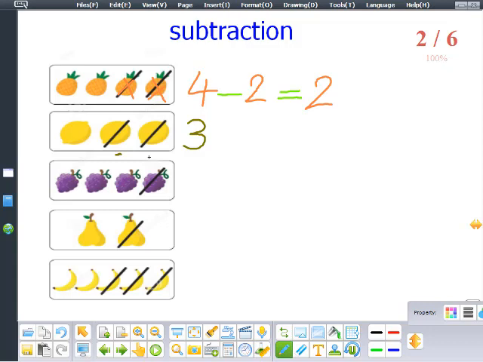There is a line on how many? 1, 2. So there are 2 lines. So I eat 2. I use 2 lemons. Well, when I use or when I take 2, it means what?